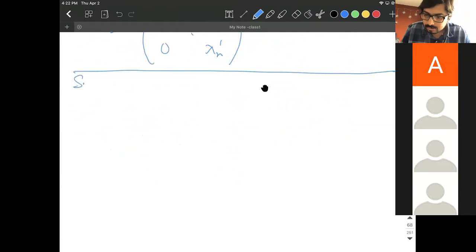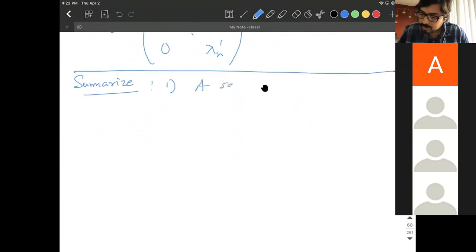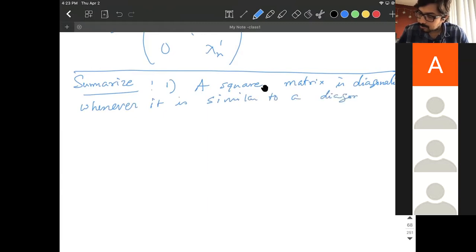So let's summarize a bit. Number one, a square matrix is diagonalizable whenever it is similar to a diagonal matrix.